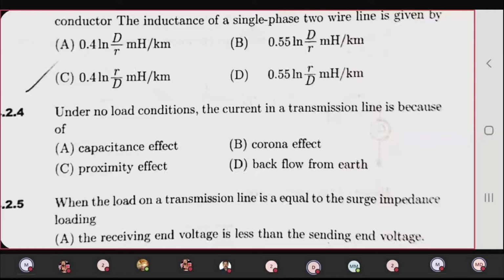Why in no load condition do we have a current in the transmission line? What is the reason? One effect is involved in it in transmission line theory. Okay, I'll clarify.